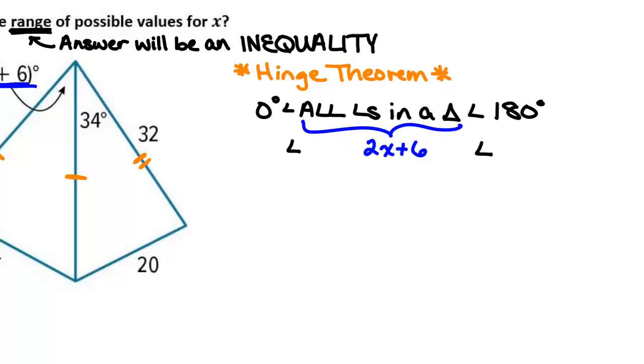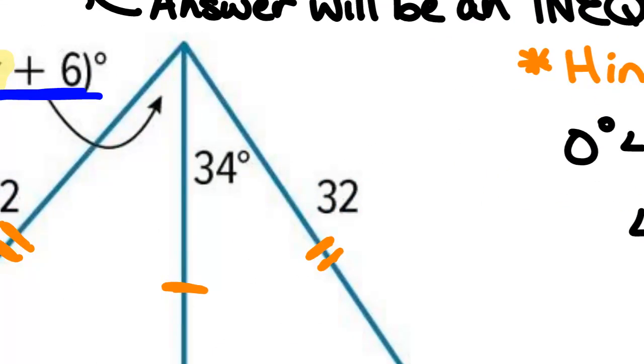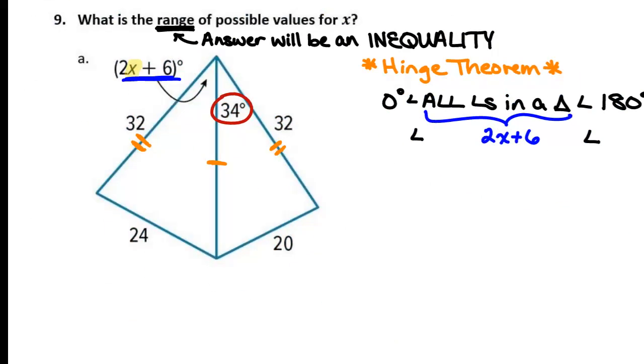But this angle I have a little bit more information about because I'm using the hinge theorem. I have this angle right next to it, 34 degrees. I know it's not the same size as 2x plus 6 because the sides that are opposite these two angles are not the same size. It's smaller. How do we know it's smaller?